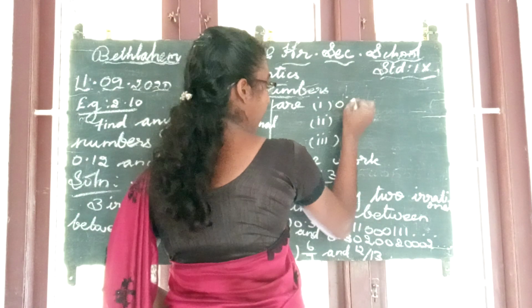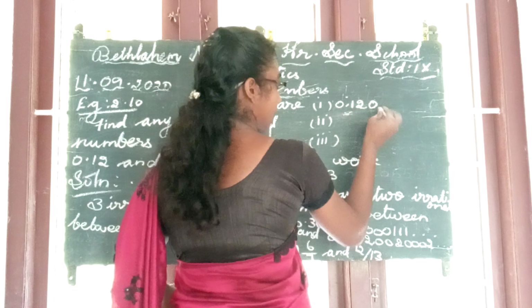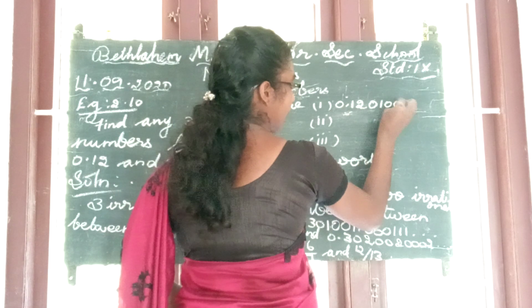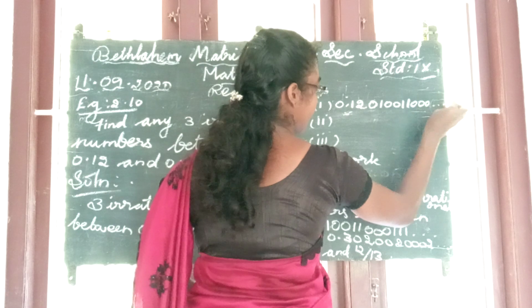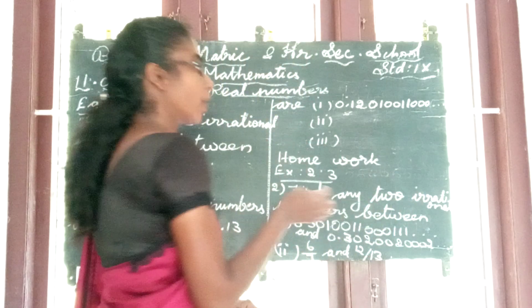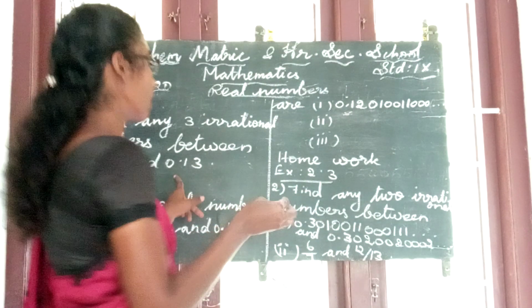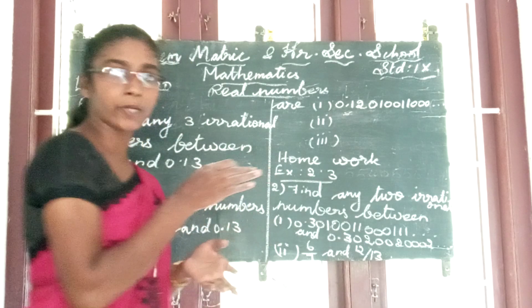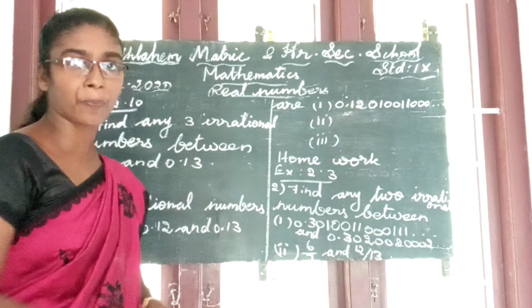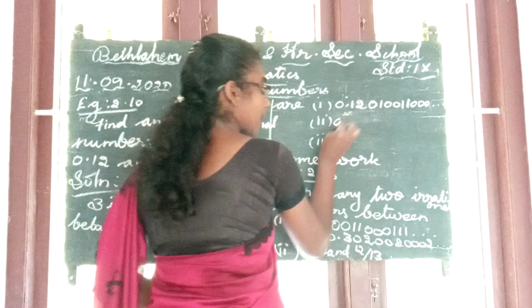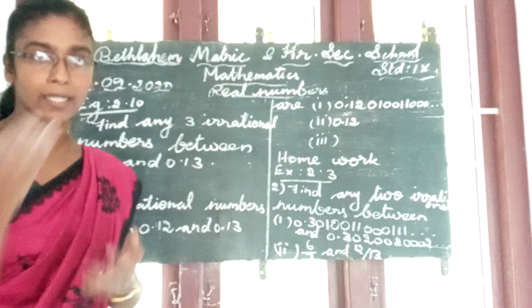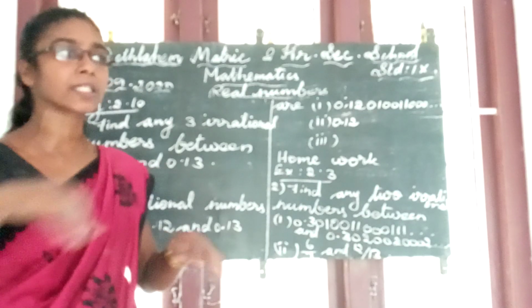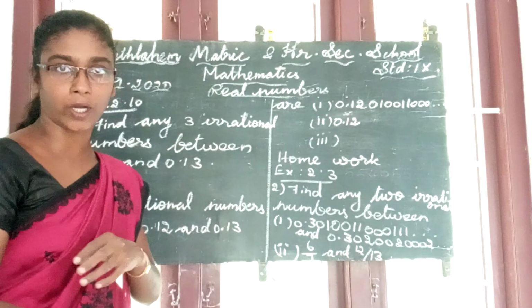First write 0.12. Next is 0.12011 0011 000 etc. is compulsory. One more, say that. Next, don't write 0.13. First start with 0.12.